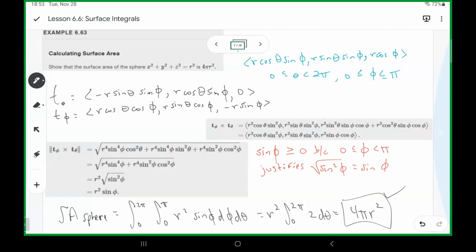We have derived the familiar formula for the surface area of a sphere using surface integrals.